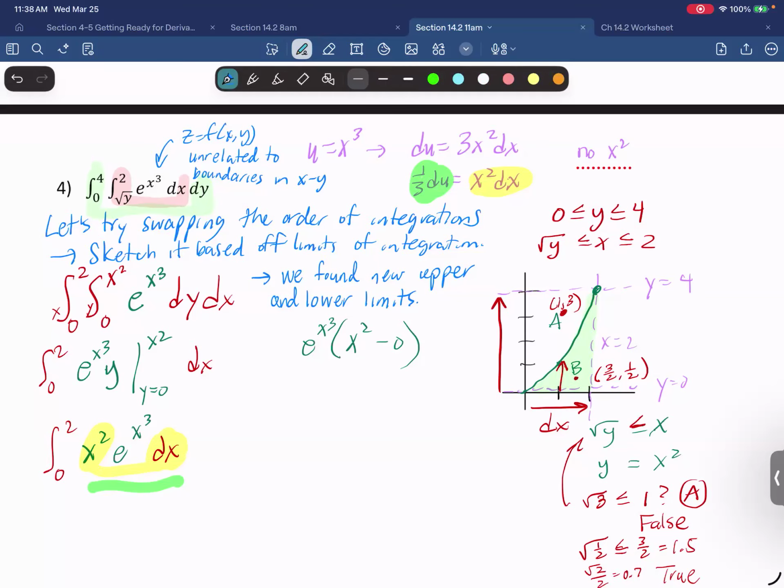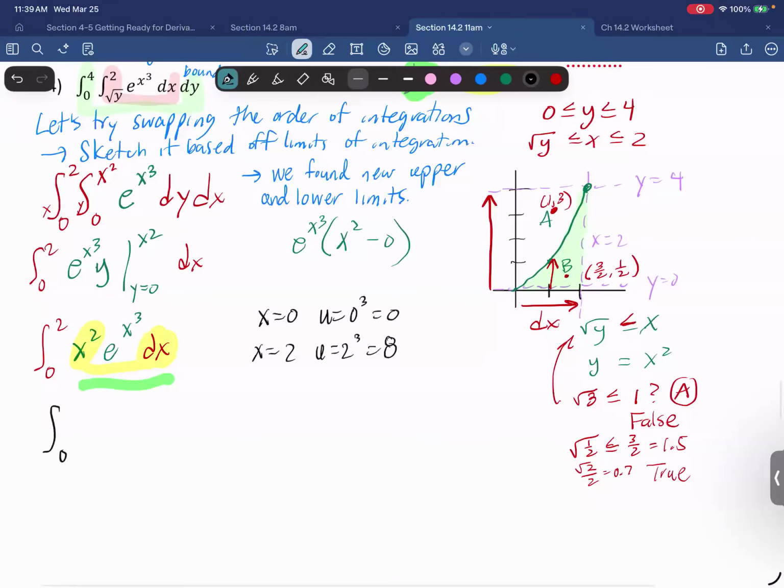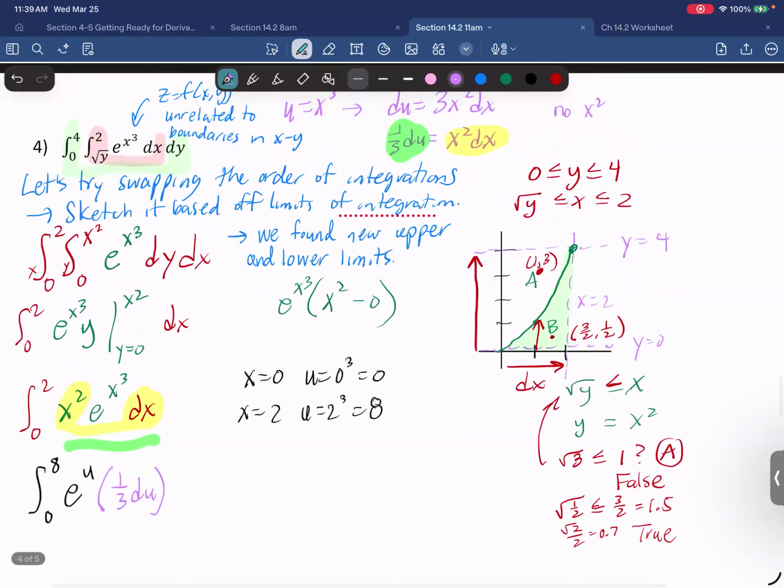The only other part I'm going to add is let's change our limits of integration. So when x equals 0, u equals 0 cubed, which is 0. And when x equals 2, u equals 2 cubed, which is 8. And I'm deliberately putting the du here so that people can see where it came from.